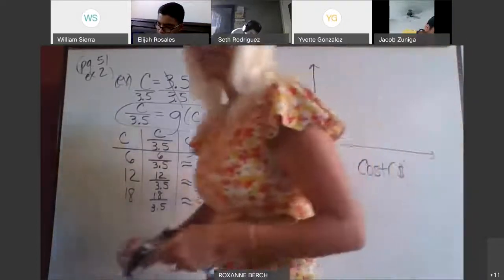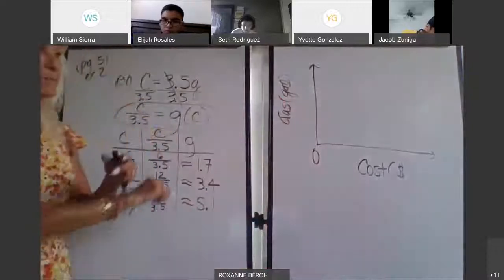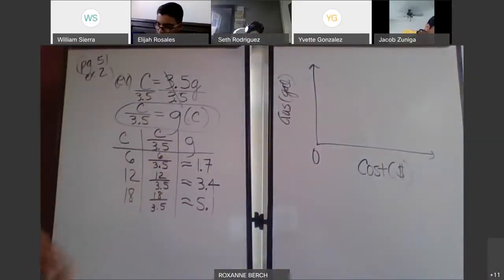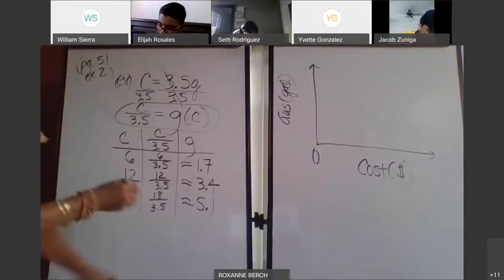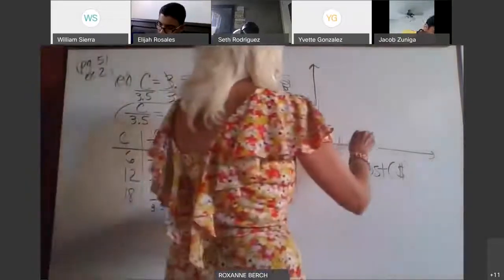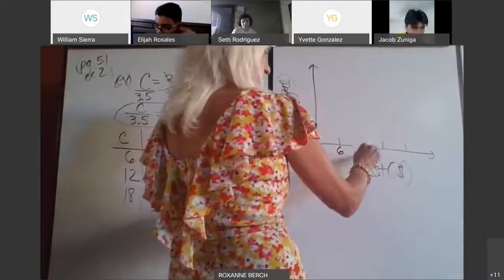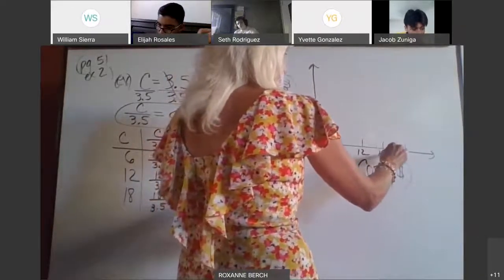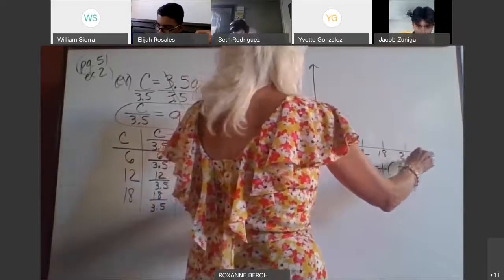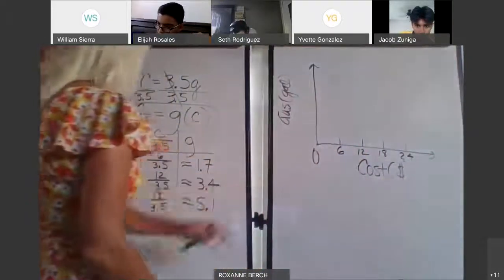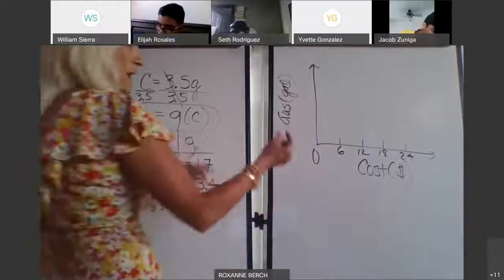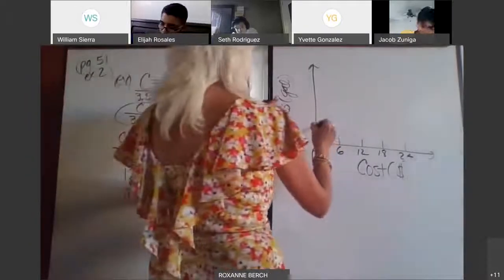Now, the reason why you don't see me doing any negatives is because it doesn't make any sense in this problem to have negatives, right? So look, my X's are going up by 6s. I'm going to go 6, 12, 18, 24. And on the Y-axis, I'm just going to count by 1s.